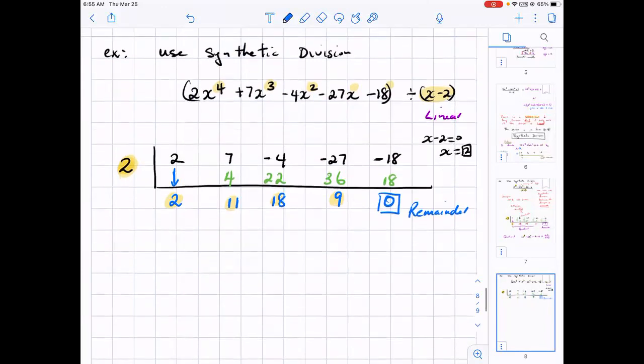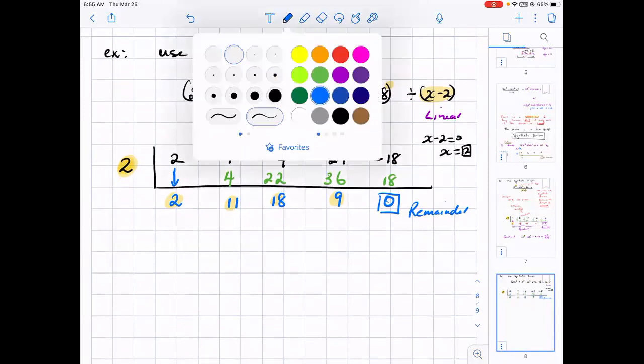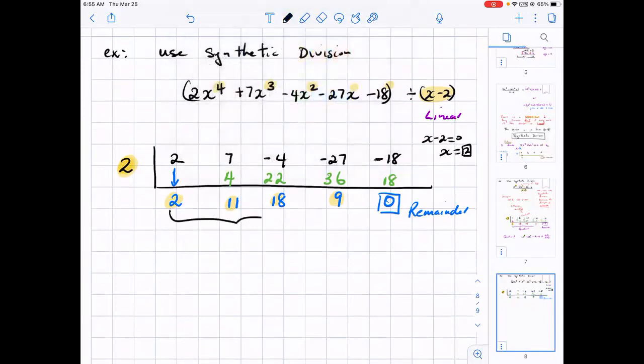Remember, the degree was 4 here. So this becomes x cubed, so x cubed plus 11x squared plus 18x plus 9.